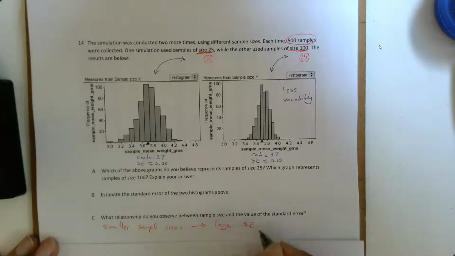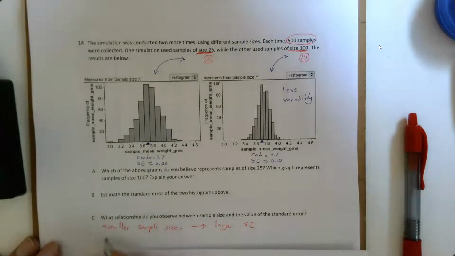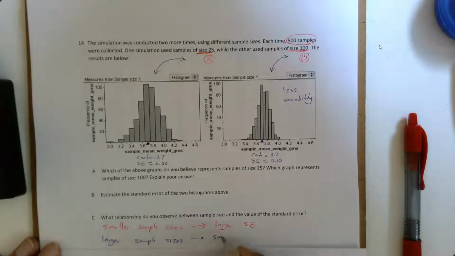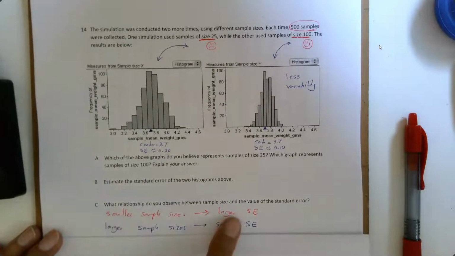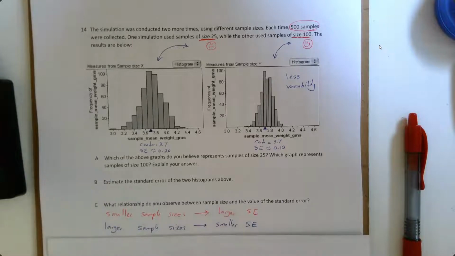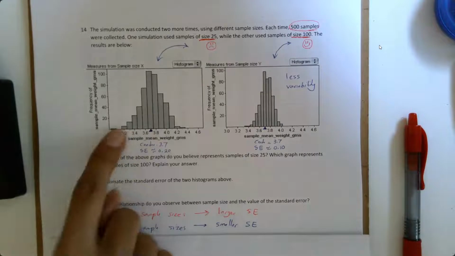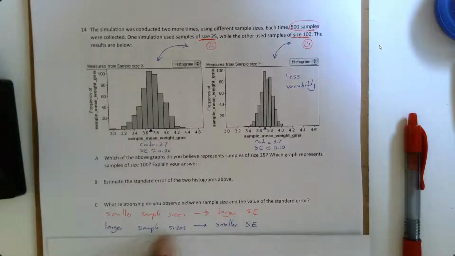Or you can say that larger sample sizes result in smaller variability or standard error. That's the relation and connection between sample sizes and the standard error. They have a reverse relation. Smaller sample size, larger standard error, more variability, and larger sample sizes result in smaller standard error or less variability.